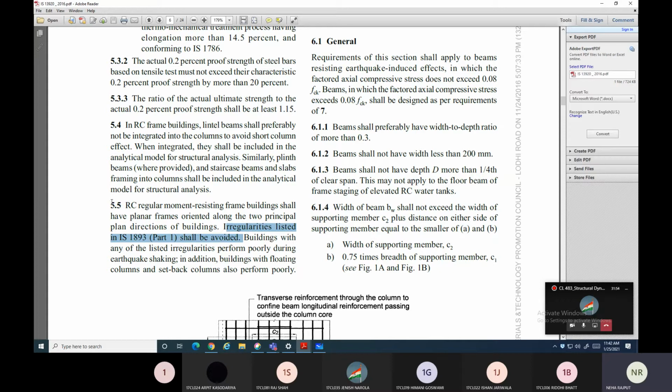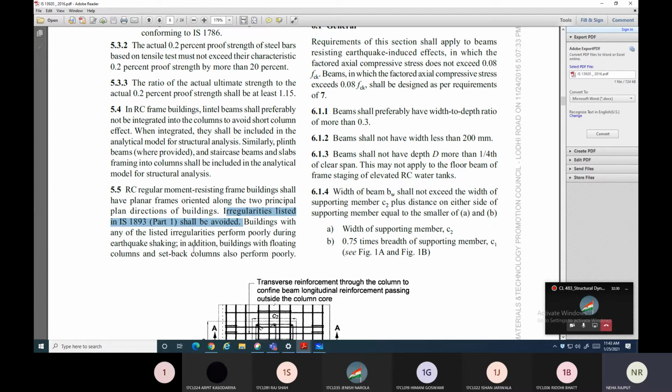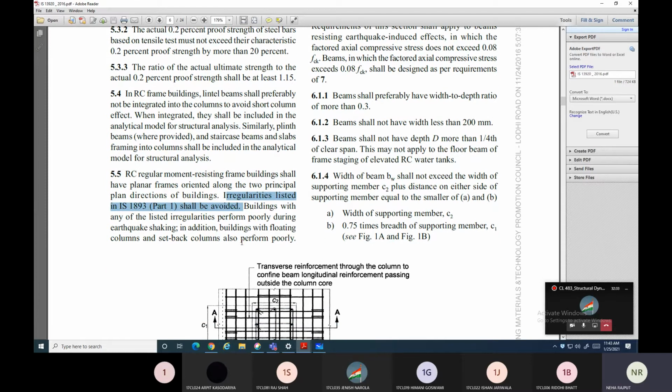This we will see later on when we deal with the 1893 code, that is the earthquake force calculation code, and there some irregularities are listed, because from the earthquake point of view your structure should preferably be in a regular plan or symmetrical building, not an unsymmetrical or irregular building. But if it is there, then how to protect that building from the earthquake point of view, we will see in the 1893 code itself, so that part we'll skip over here.